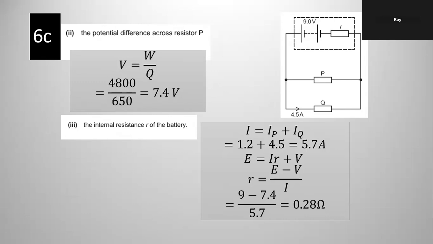Agree? Oh, I got it wrong. Where did you get it wrong? Is there anything you don't understand from my calculation? Oh, I didn't use Kirchhoff's second law. I used the EMF formula.